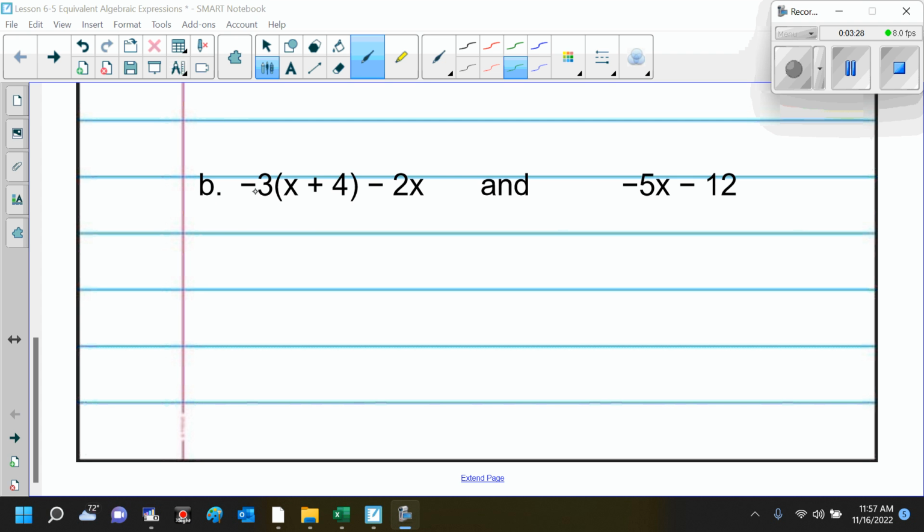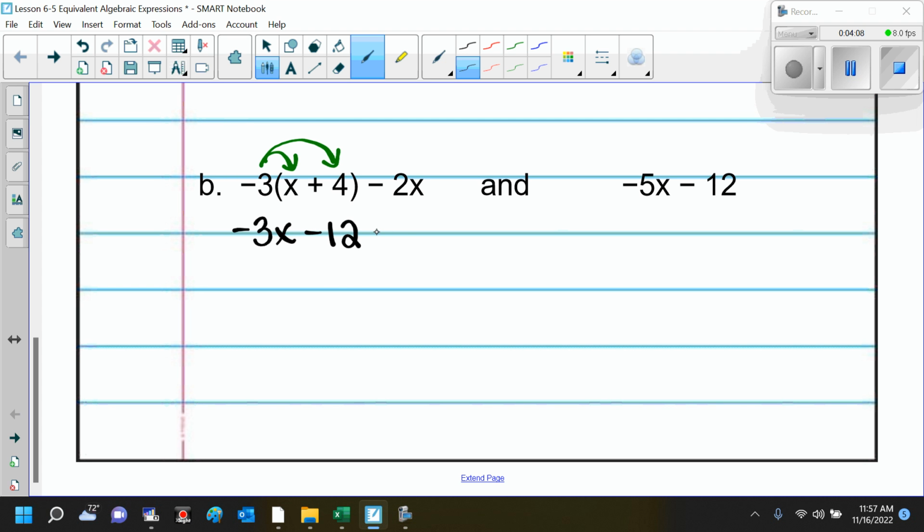For example B, we have negative 3 times the quantity x plus 4 minus 2x and negative 5x minus 12. So we know that the second expression is simplified, right? So we want to simplify the first expression. So again, we're going to use the distributive property. So we've got negative 3 times x is negative 3x. And then negative 3 times positive 4 is negative 12.